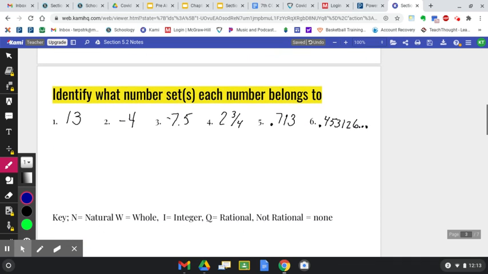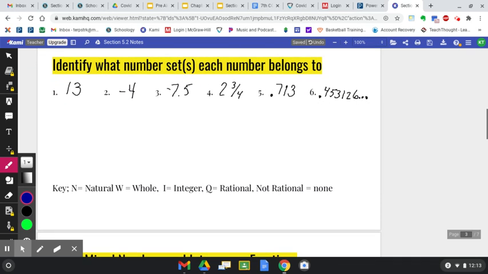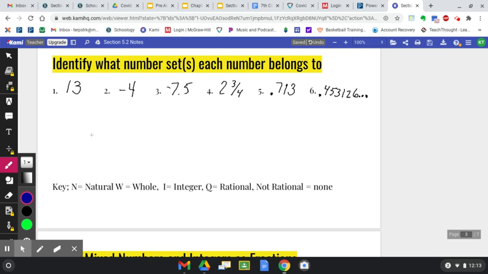All right, so let's look at some more examples. Identify what each number belongs to, right? And here's our key. We'll use N to say natural, W for whole, I for integer, Q for rational. And then if it's not rational, we'll just say not rational, which means it's not a part of any of those sets. So 13, is that a natural counting number? Yes. So that's natural.